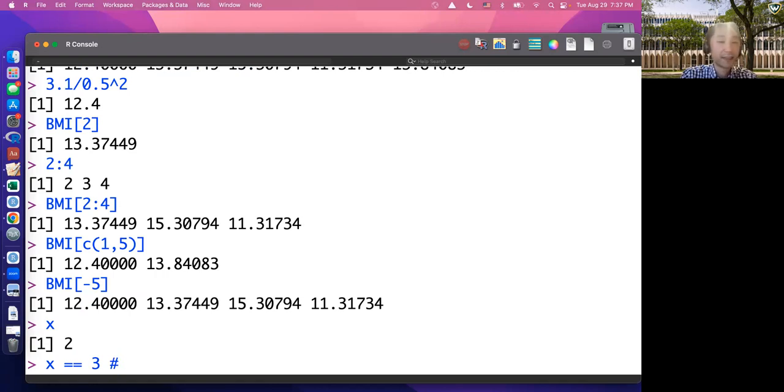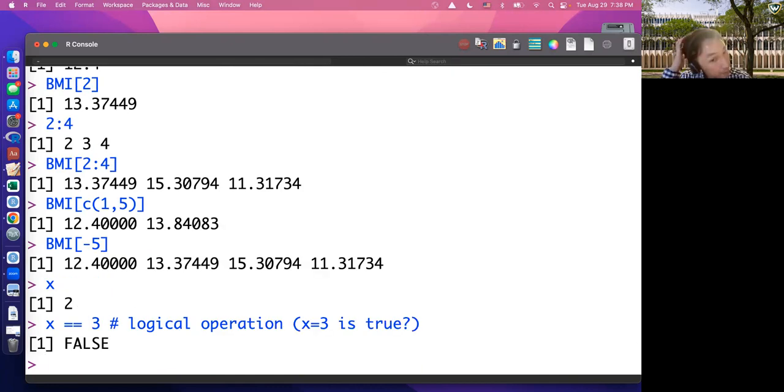So R returns whether this statement is correct or not. X is 2, so X is equal to 3 is false.